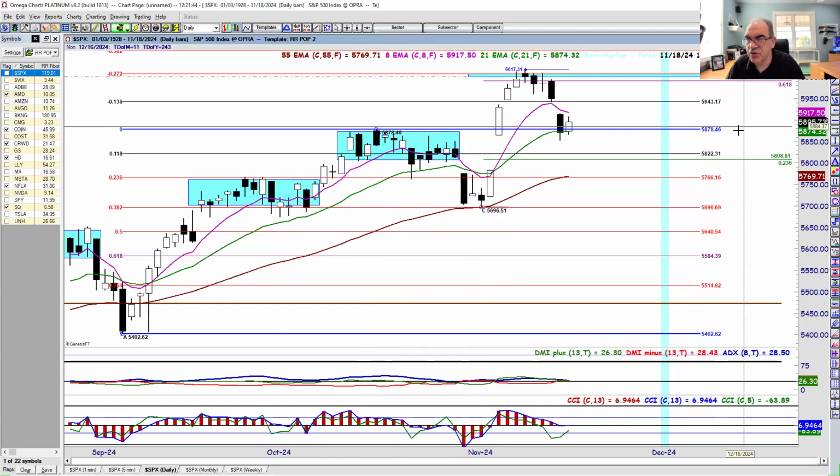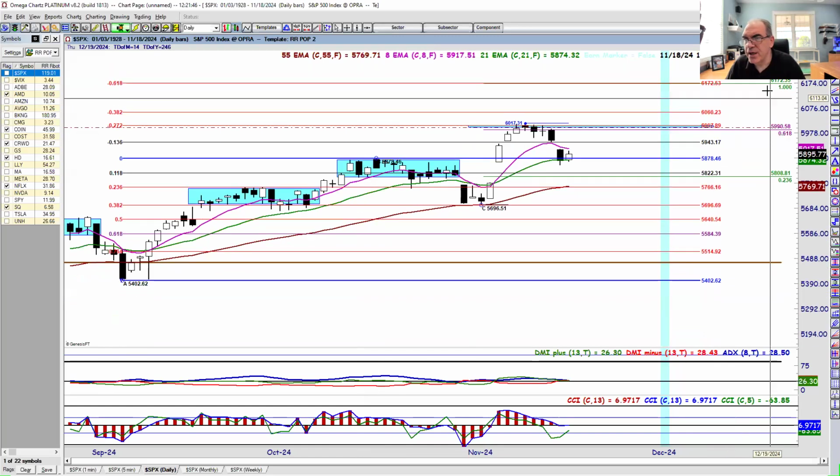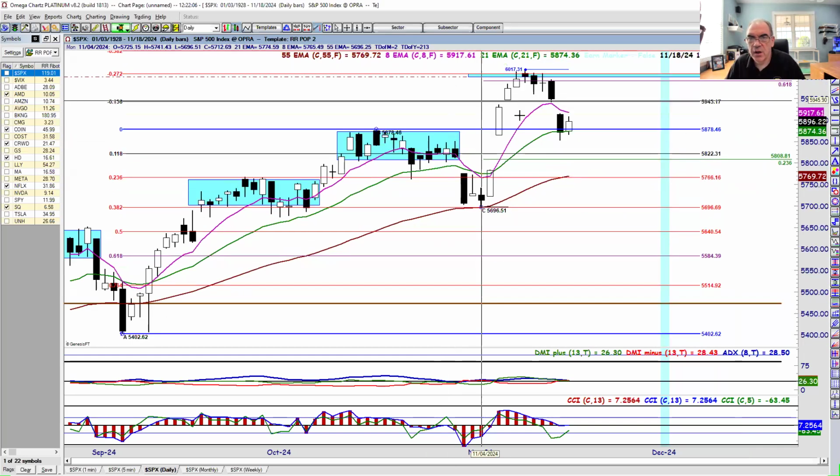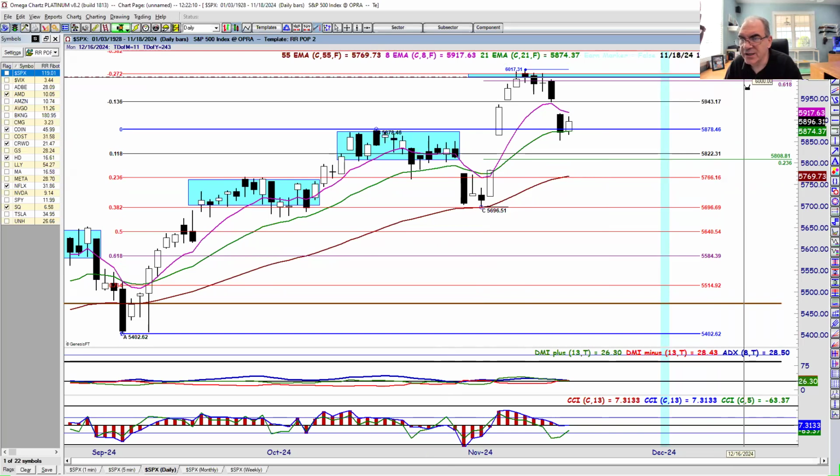You will, as I scrunch down, 3 up here are the 3 key levels, 1, 2, 3 that we're looking for. We want to see the stock get past the 236. Once it does, the ABC becomes valid. The 618 is your first target, and guess where we topped out? Right at the 618. So right now, in that zone, we have this 5991 purple line. We've got the 6,000.